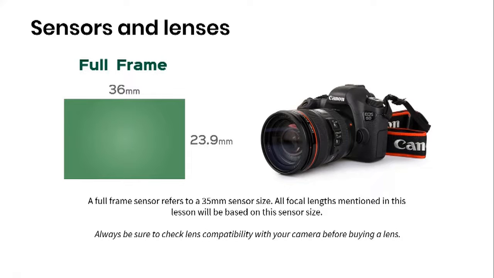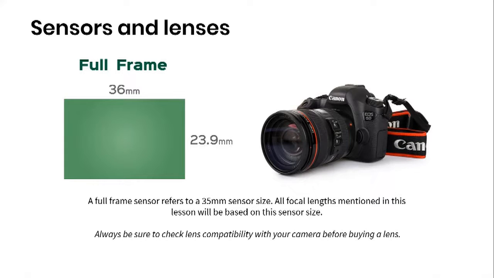So if you happen to be using something like a Canon EOS 6D or a 6D Mark II or a Nikon D750 or a Nikon D800 or something similar like the Sony A9 or the A7, these have 35mm frames, which is the standard frame size.